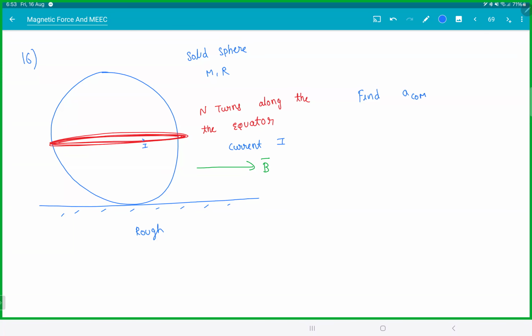Find the acceleration of center of mass, friction, and angular velocity as a function of theta. So this thing will start rolling on the floor. This is a no slipping condition. Meaning after some time, this is what you would have noticed.